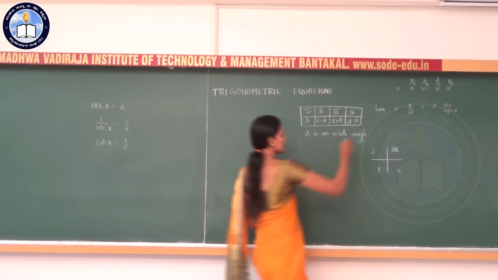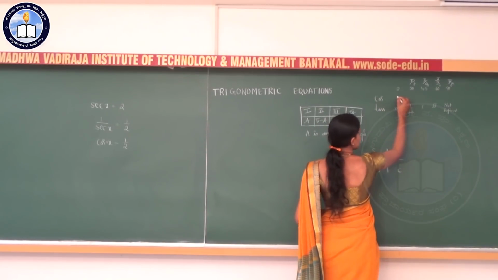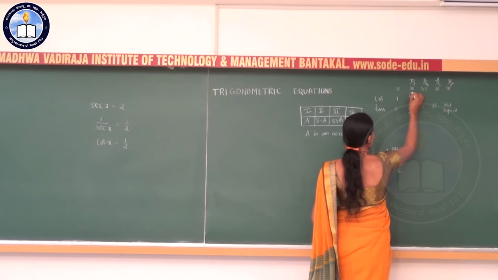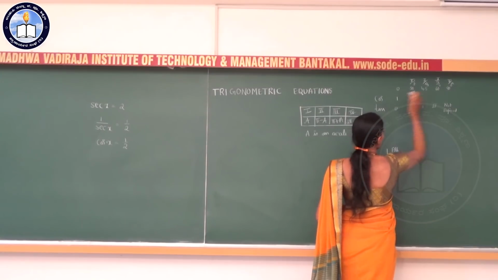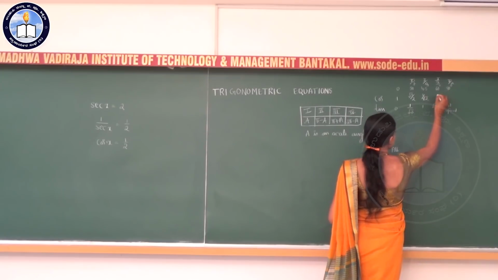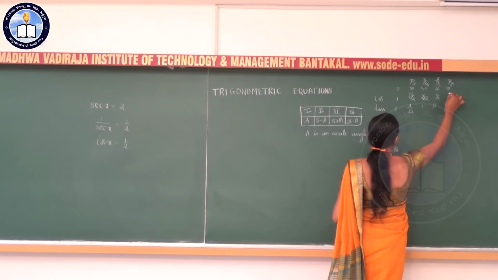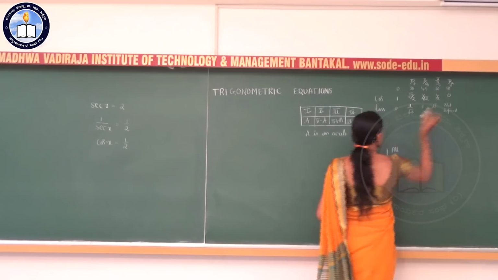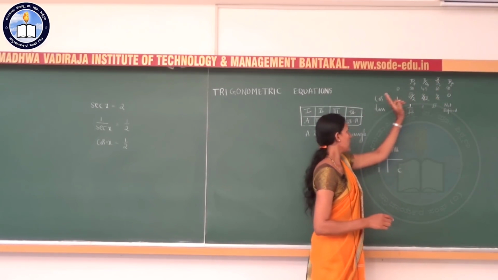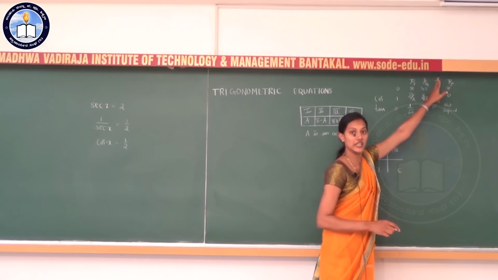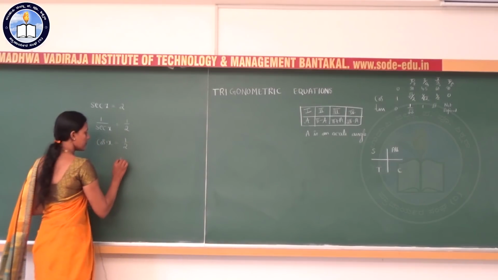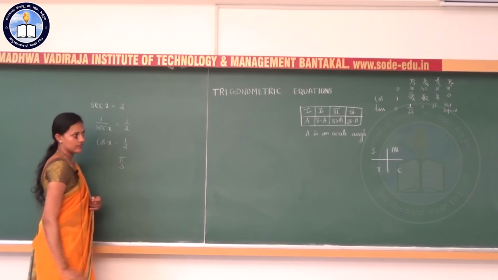Cos 0 is 1, cos 30 degree or cos of pi by 6 is root 3 by 2, cos of 45 is 1 by root 2, cos of 60 degree is half, and cos 90 is 0. So cos of 60 degree is half, or cos of pi by 3 is half.